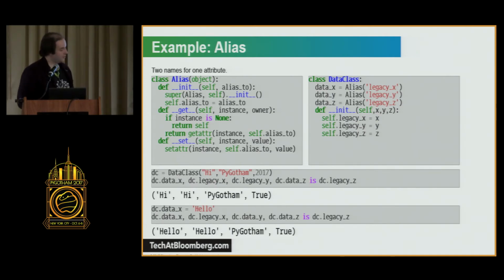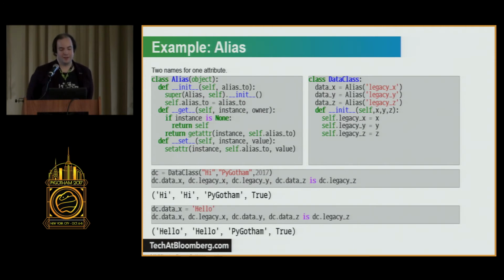So you can see here that when someone does that, I'm returning the descriptor itself, so you can still get at it. Over on the right, I've defined a data class. That data class has the old names, legacy X, legacy Y, legacy Z, and the new names, data X, data Y, data Z. And those are just aliases over.